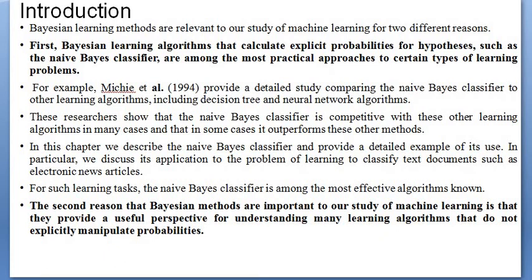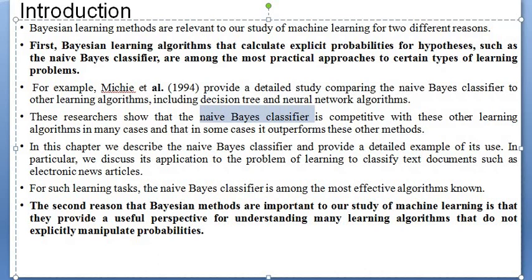What Michie has done in this study is compare the different algorithms that you have studied already: the decision tree algorithm, that is ID3, and the neural network algorithm, that is backpropagation. He has compared these algorithms with another algorithm, which is called the naive-Bayes classifier.